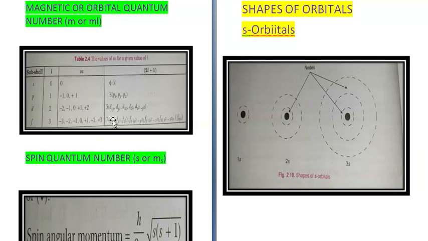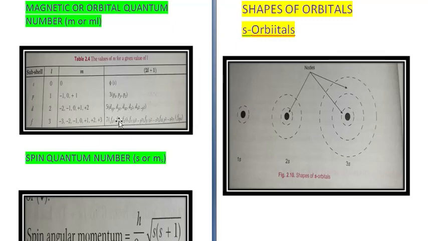It implies that the d subshell has 5 orbitals. What are those? dxy, dyz, dxz, dx square minus y square, and dz square. We will be studying the shapes of orbitals in detail later on.